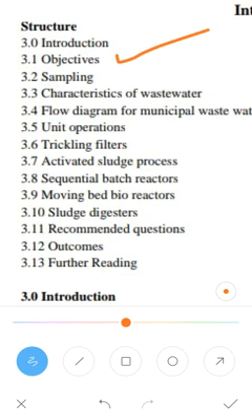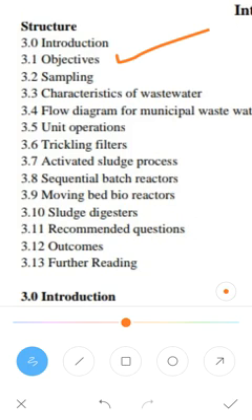Basically, it is to understand and design the different units of the municipal treatment plant, and how the unit operations are involved in the conventional and biological treatment which takes place in the municipal treatment plant. We're going to study and understand the process and the flow diagram from one unit to another.